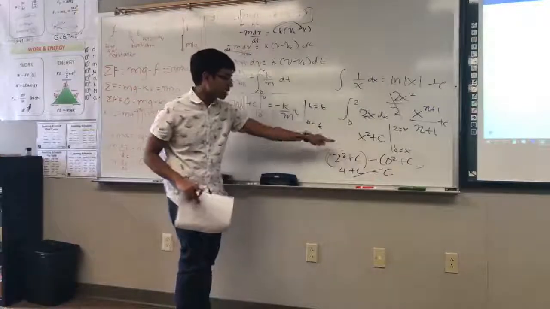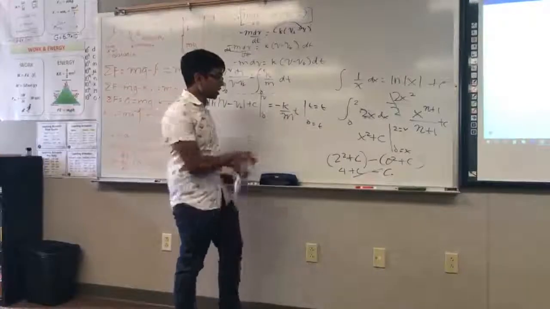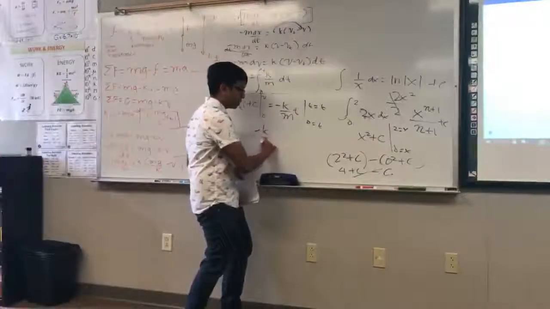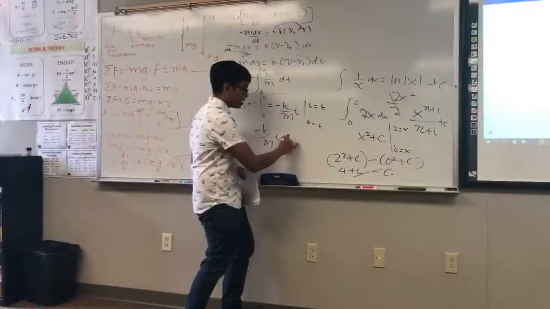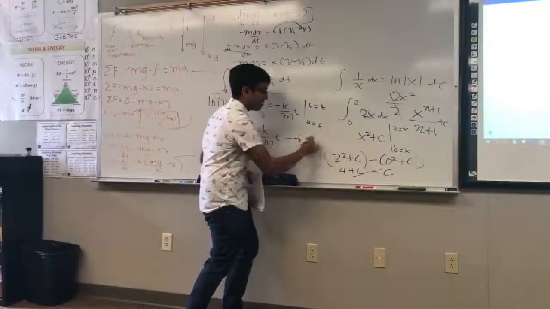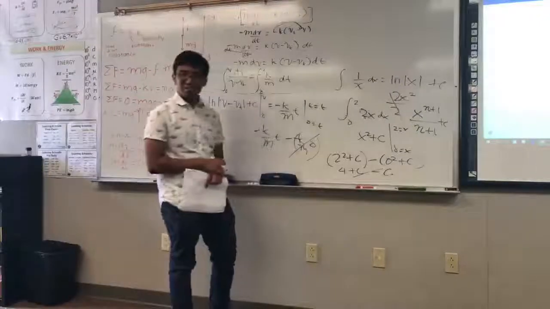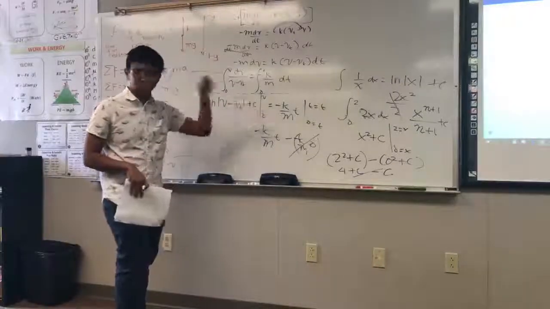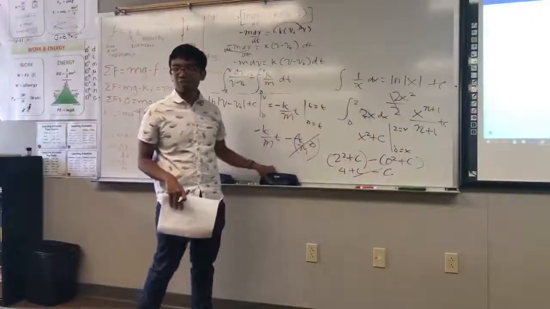Because if you do the same process in this case, we're just doing minus k over m times 0. So that's redundant in this case, so we can just take this off.